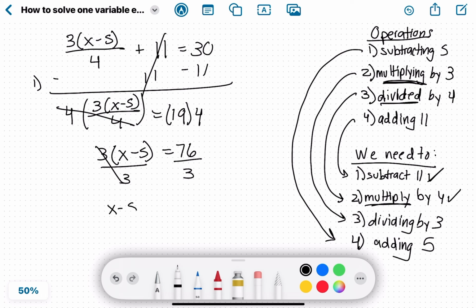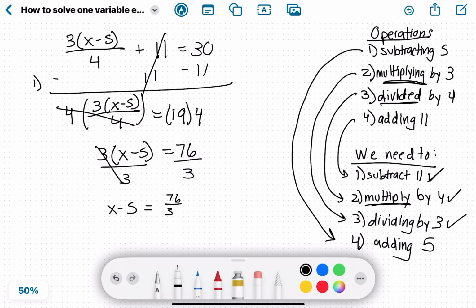We're left with x minus 5 equals 76 divided by 3. And 76 divided by 3 gives us a decimal. And to make this easy, I am going to leave this as a fraction, so we're not dealing with super long decimals. So 76 divided by 3 equals x minus 5.